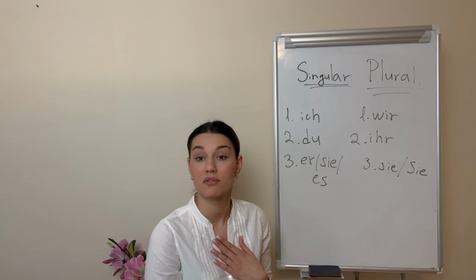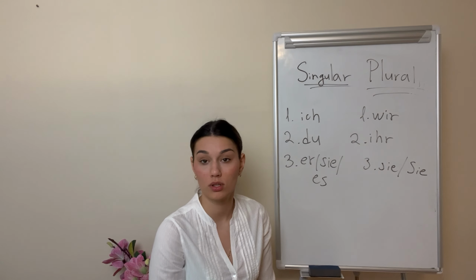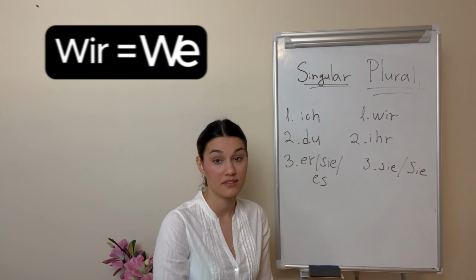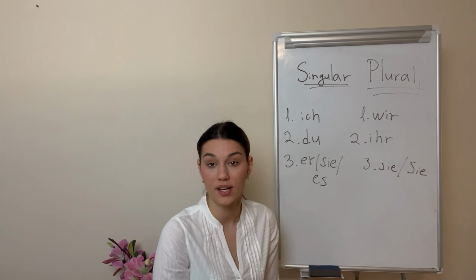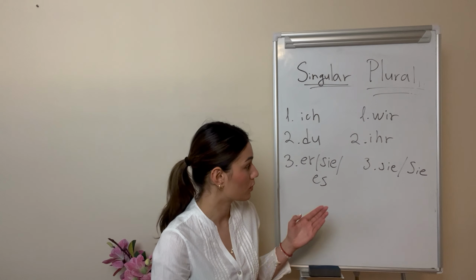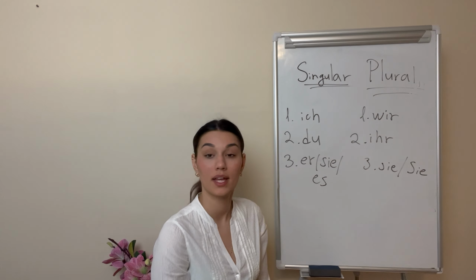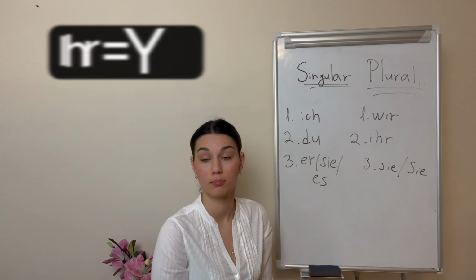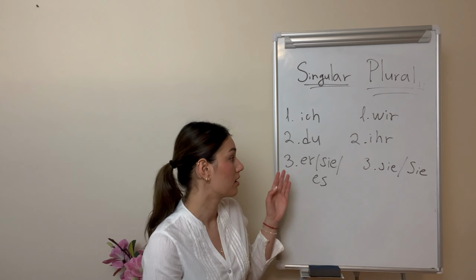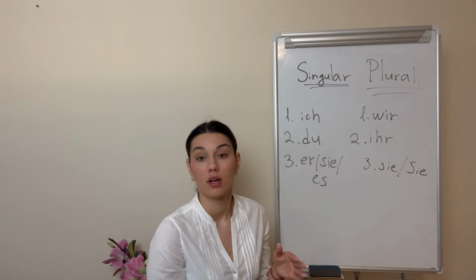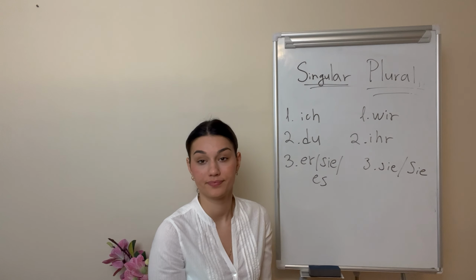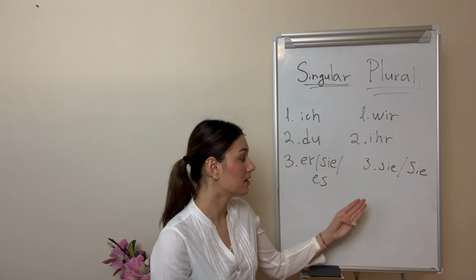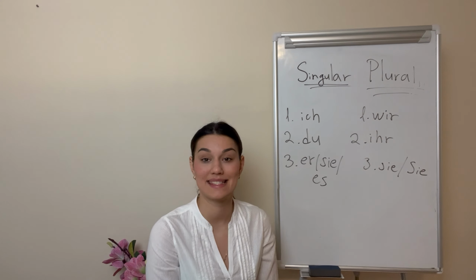Repeat after me, wir. The next one, ihr. You, but not as singular form, you as plural form. Okay? And the last one, sie.